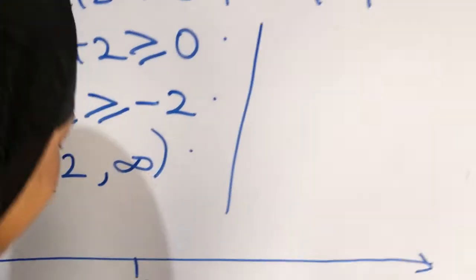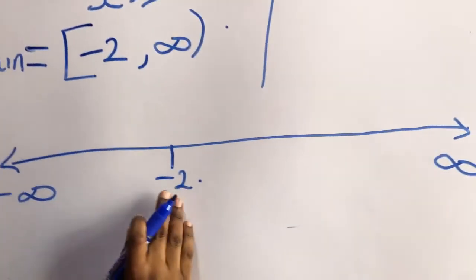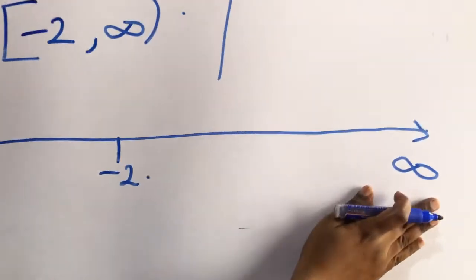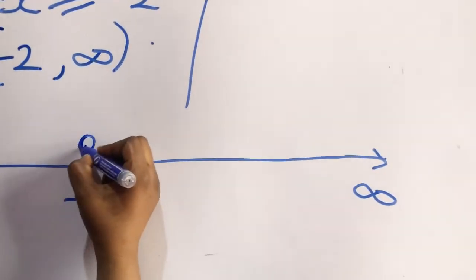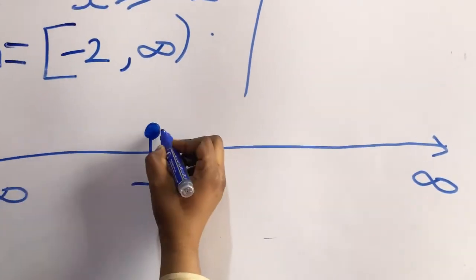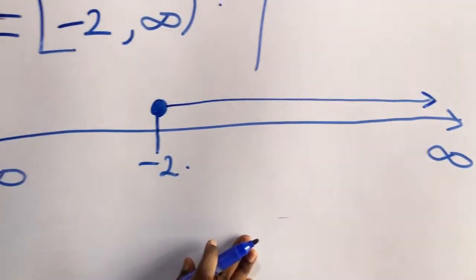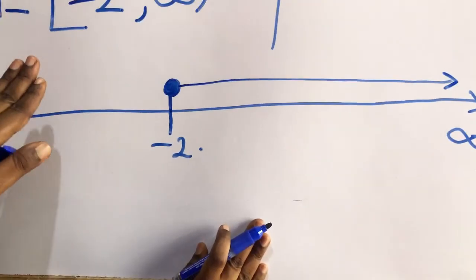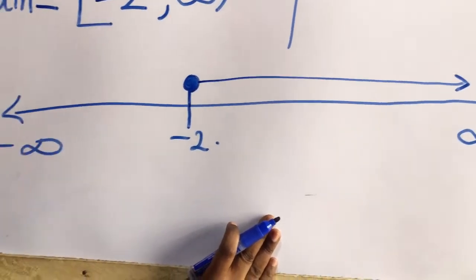So let's check if we use the number line to represent it. We have minus 2, negative infinity, and positive infinity. We say that we are taking it from here, that is greater than or equal to. So it goes like this. So we do not need anything from here. Let's check if you take any number from minus 3, minus 4, and so on.